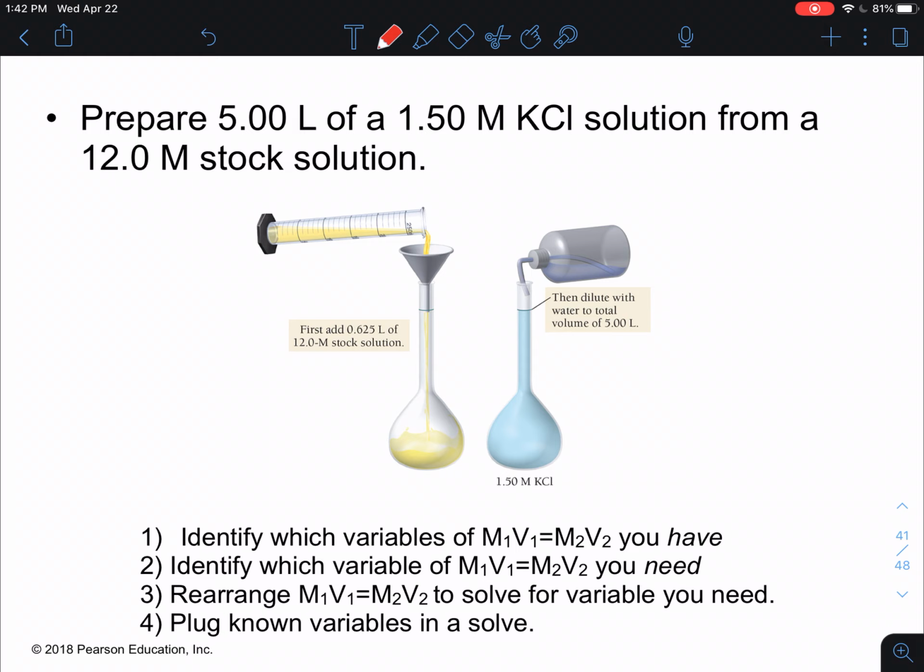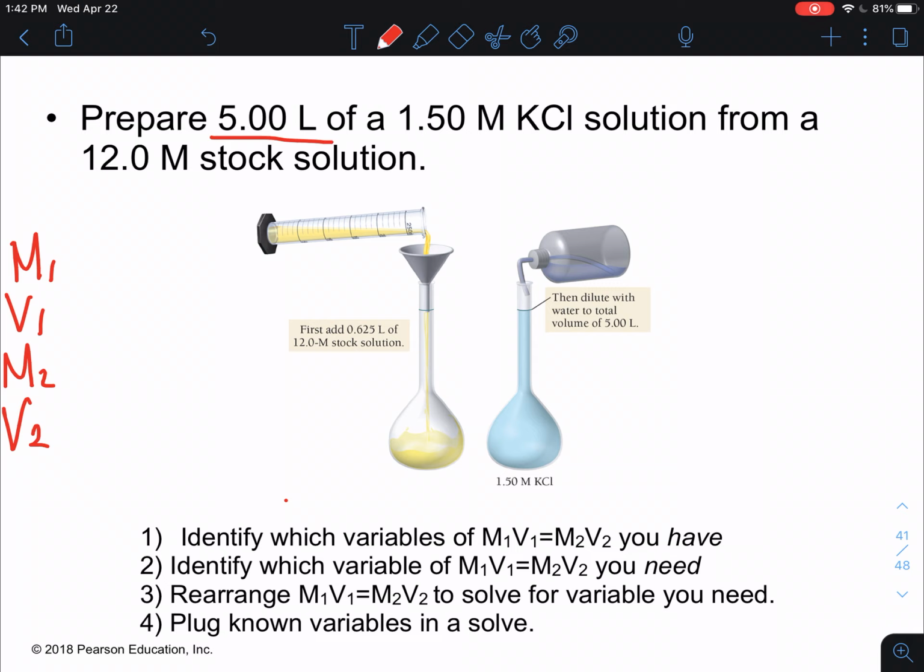How are we going to make sure we understand these variables? Remember M1, V1, M2, V2. You're going to have to make sure that you understand which one's what.